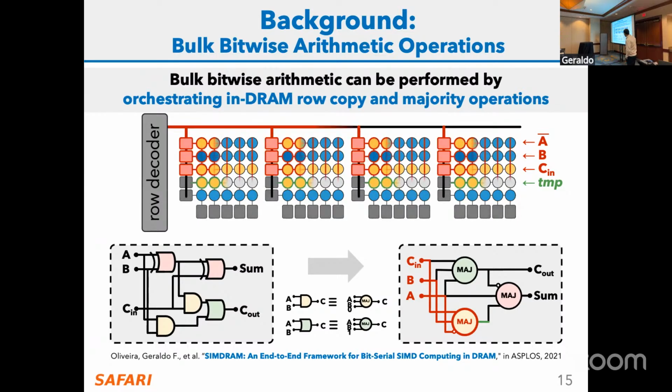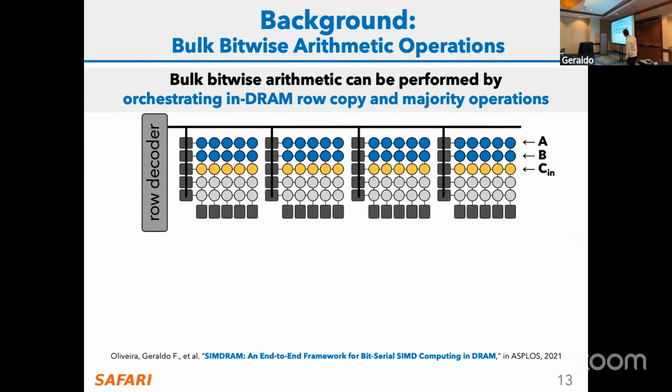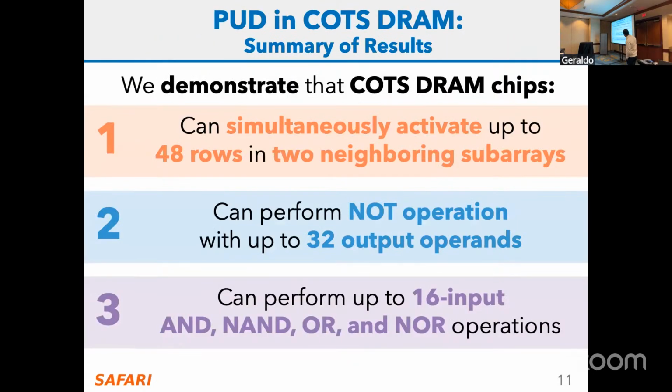When you look at the result here that came from NOT operations, there is an asterisk, because it's in neighboring subarrays. It's not exactly in the same subarray.